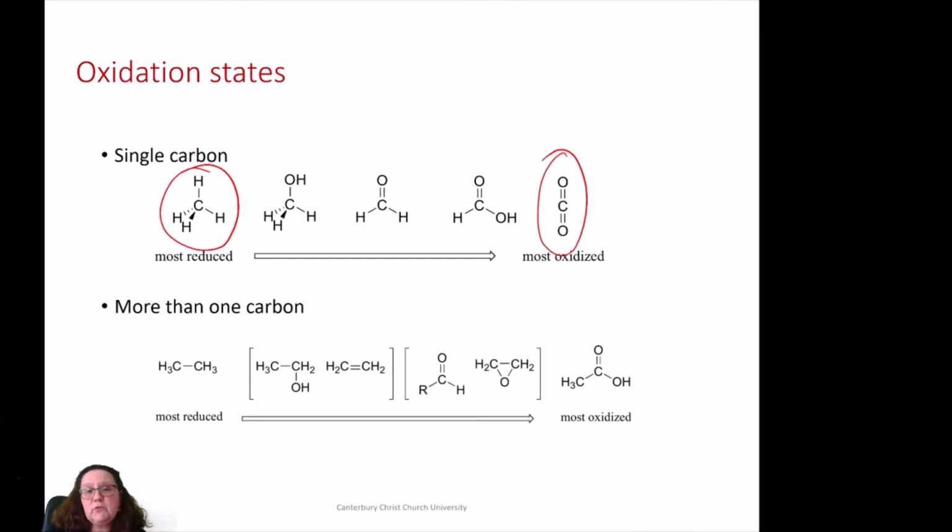And when you have more than one carbon, the most reduced species will be the one in which both carbons are surrounded by hydrogens, except the bond that they share with each other, and that slowly loses hydrogen atoms in different ways.